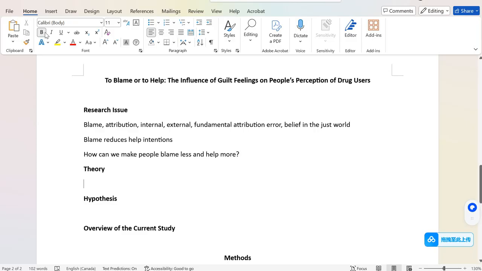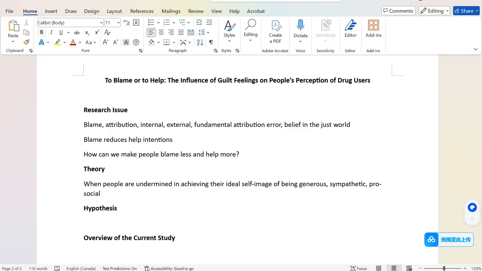When people are undermined in achieving their ideal self-image of being generous, sympathetic, pro-social, use a few similar words, and altruistic.